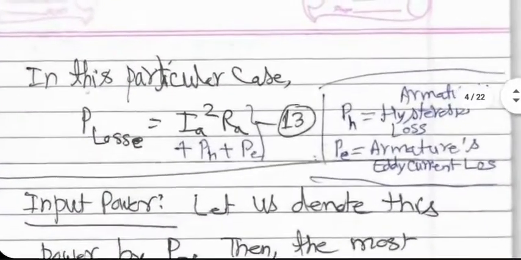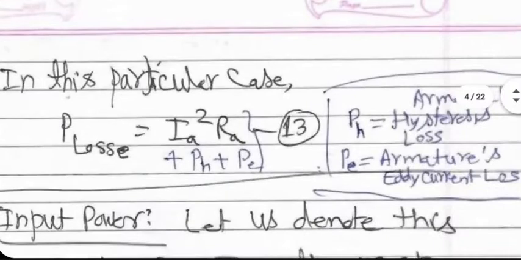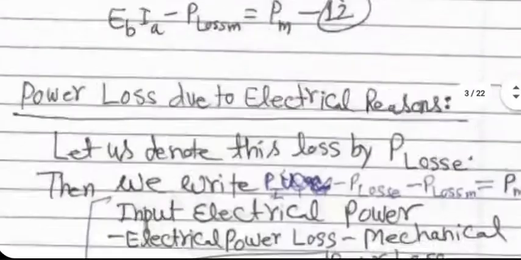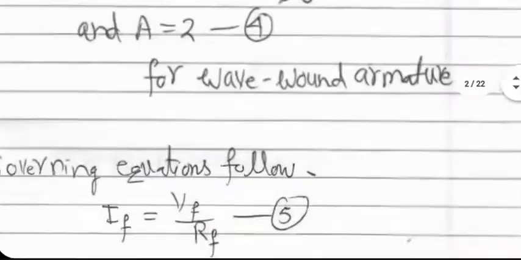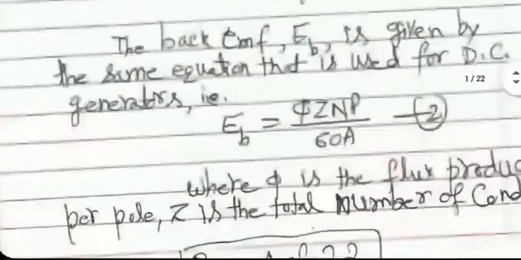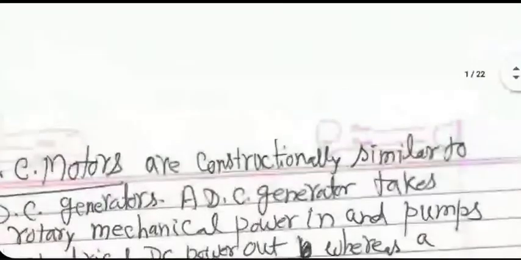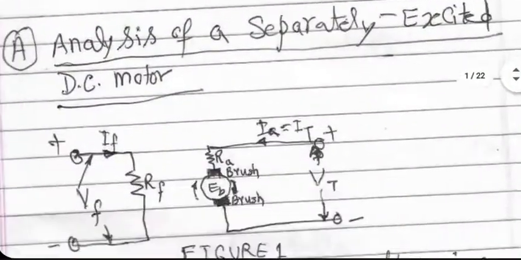Now, electrical power loss will obviously be IA square RA. Actually, I have forgotten to write IF square RF would also be there. Fortunately, in case of separately excited motor, we are independently feeding the field winding.